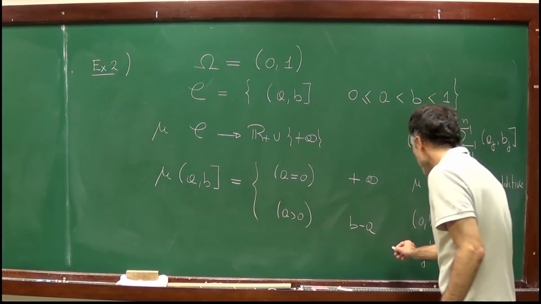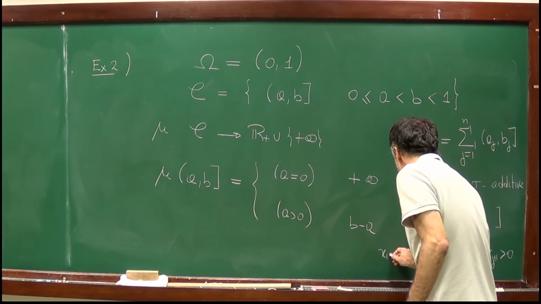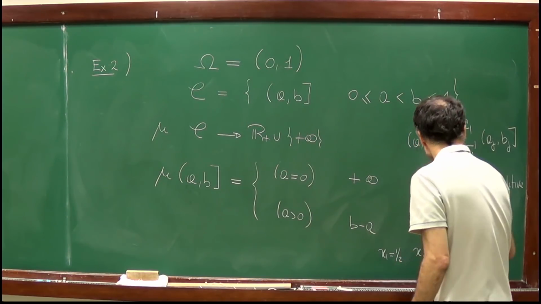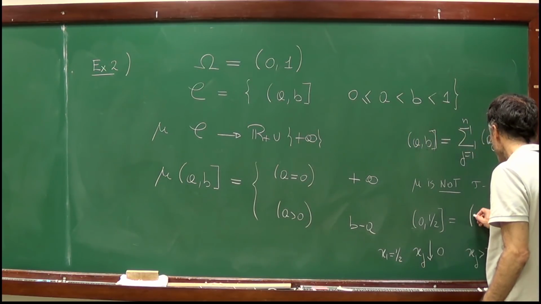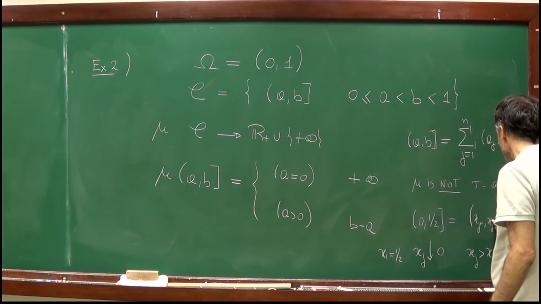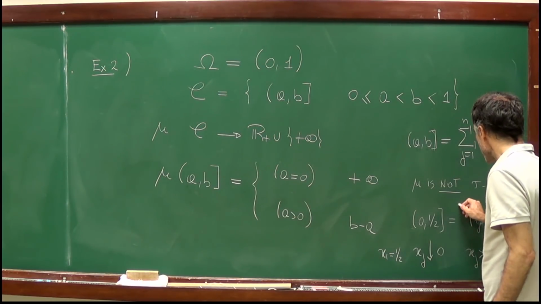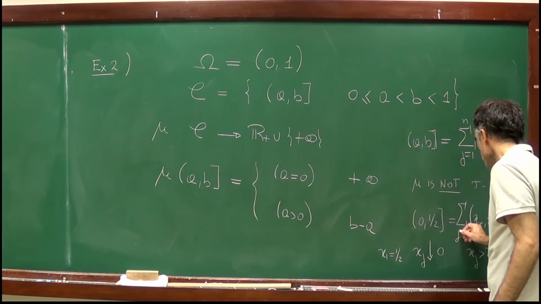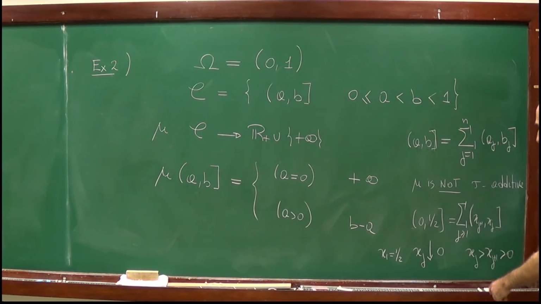If I take x_1 to be 1/2, and I consider the intervals (x_{j+1},x_j], what I claim is that (0,1/2] is equal to the union of these intervals.